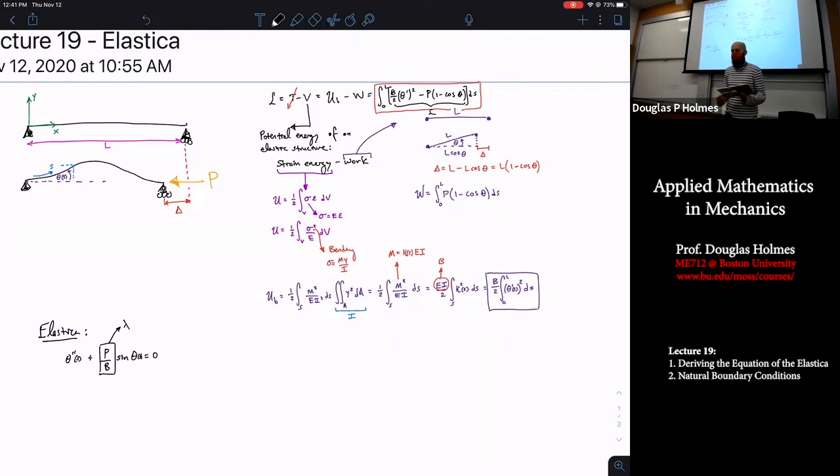This just kind of blows my mind when I think about it. So the equation that describes the motion of a spinning top is the same equation that describes the shape of an elastic rod in 3D.